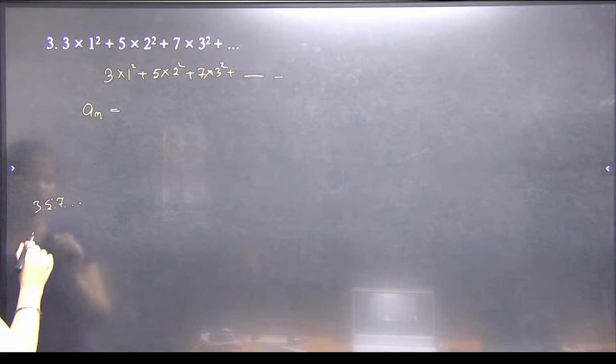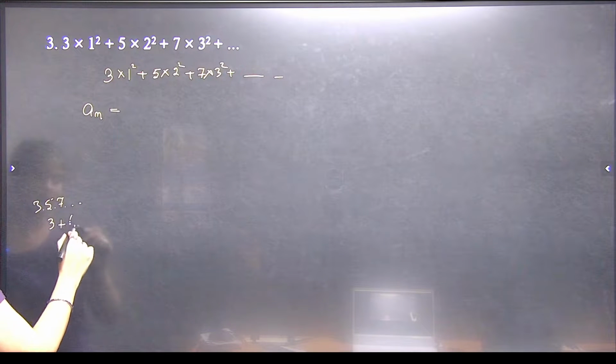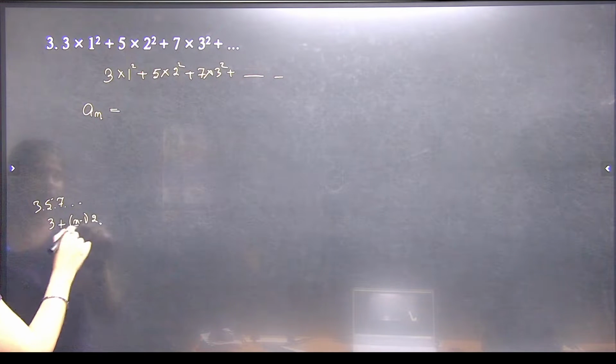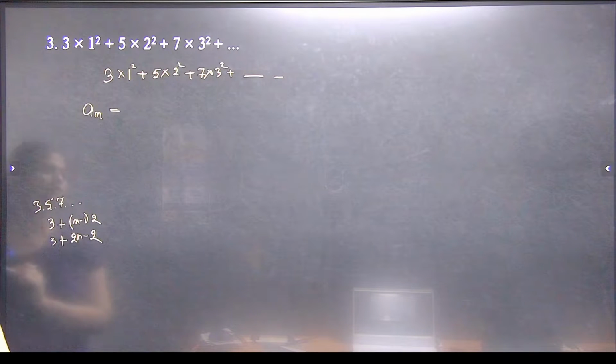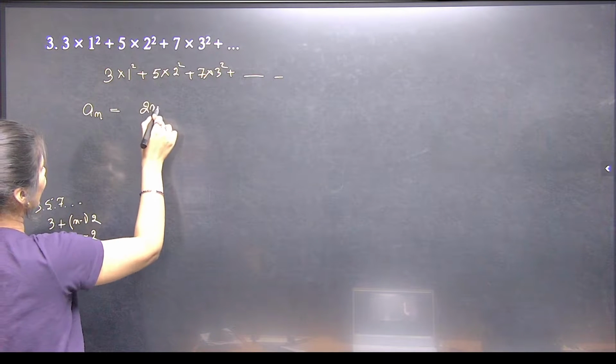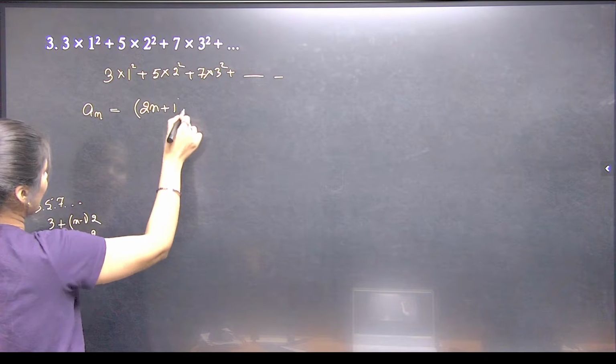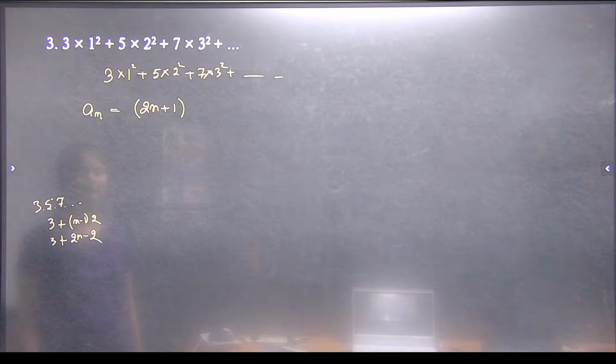So nth term is 3 plus n minus 1 d. So it is 3 plus 2n minus 2. So it is 2n plus 1. Isn't it? 3, 5, 7. So it is a, that is 3 plus n minus 1, and d is 2. So it is 3 plus 2n minus 2. 3 minus 2 is 1. So we have 2n plus 1.